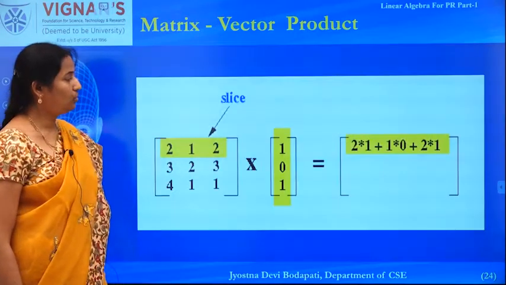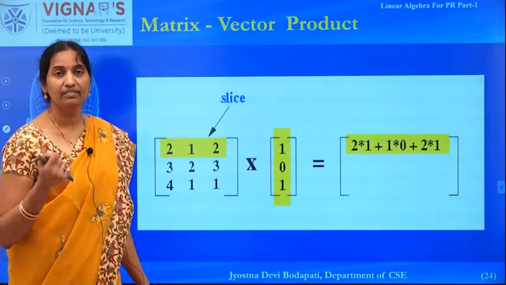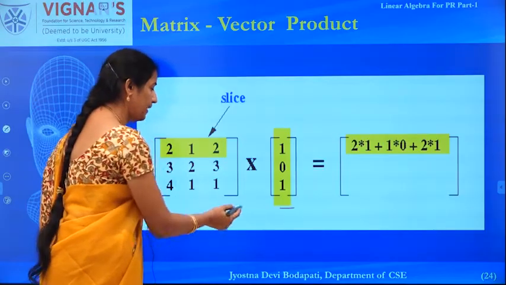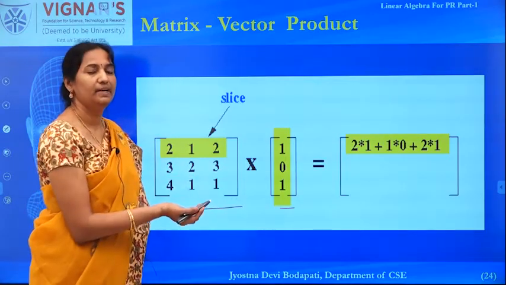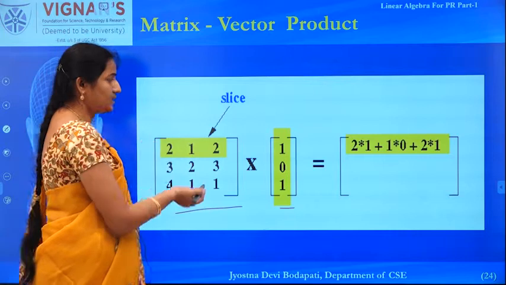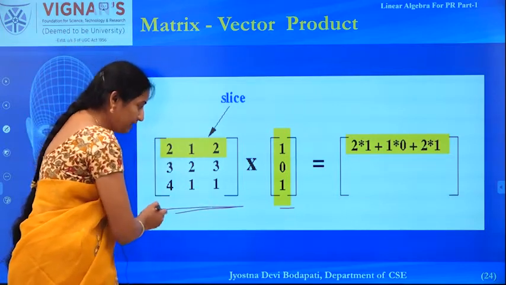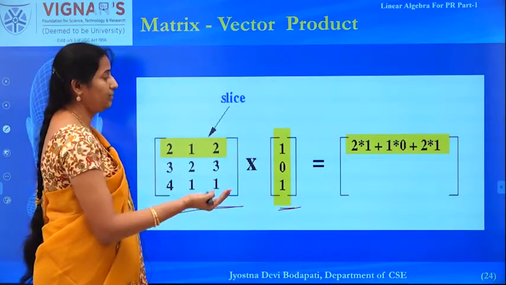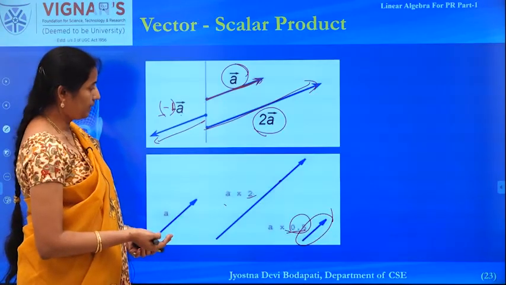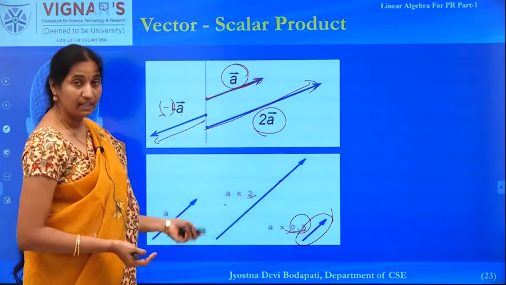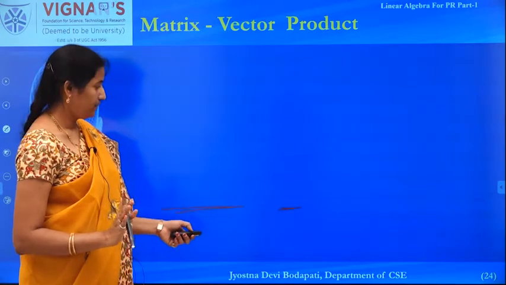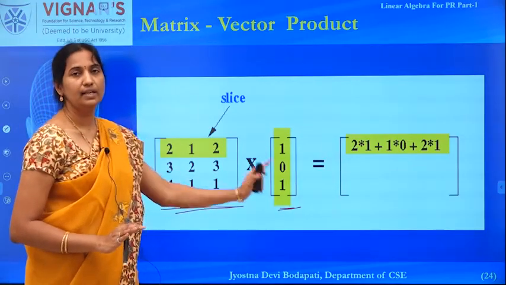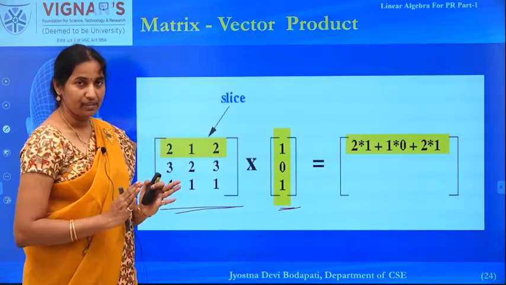Now let's see how we multiply a matrix with a given vector. You can do it either way: a vector can be multiplied with a matrix and a matrix can be multiplied with a vector. In this case, the matrix will be multiplied with the vector. Remember, when you multiply a scalar with a vector, the result is a vector, and when you multiply a matrix with a vector, the resultant is a vector itself.